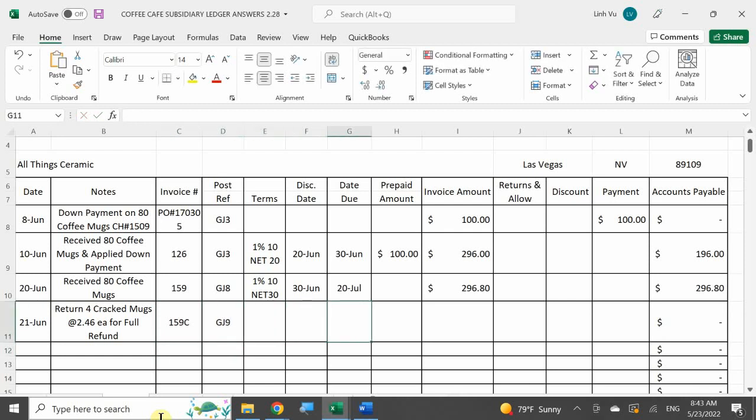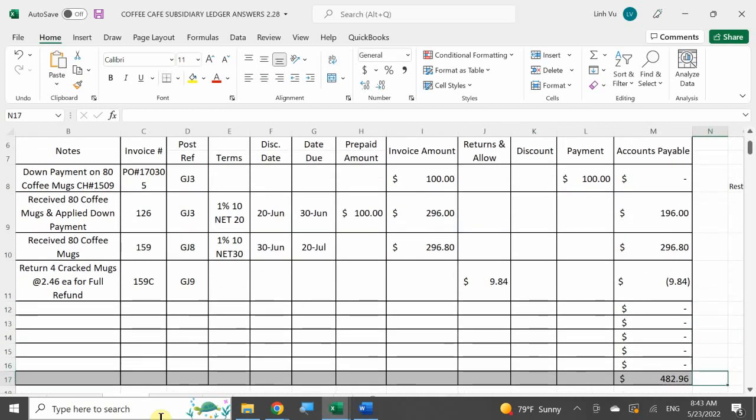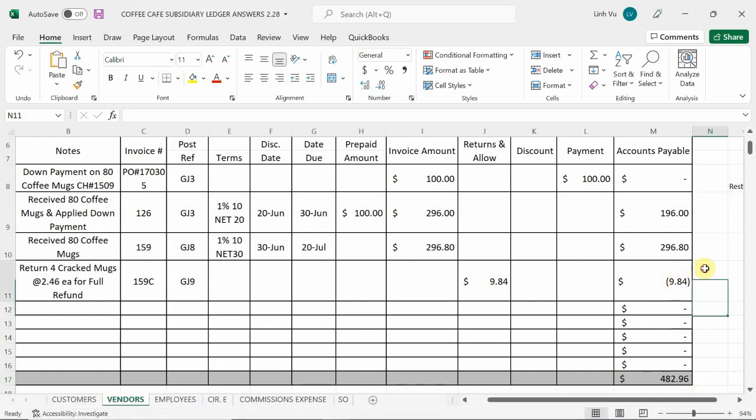No terms here, but in this case, I need to fill out my returns and allowances for $9.84. So therefore, it reduced my accounts payable with All Things Ceramics by $9.84. So then here, on this side of the column, I need to know how much is going to be my total bill.